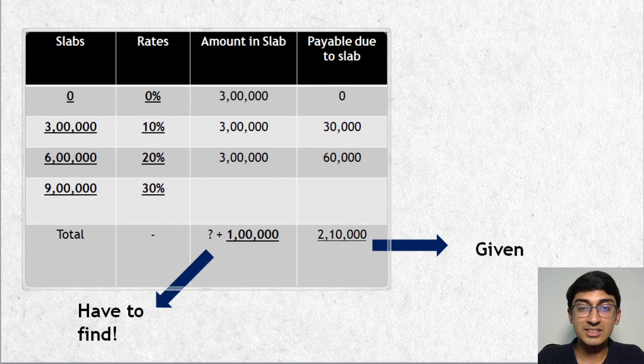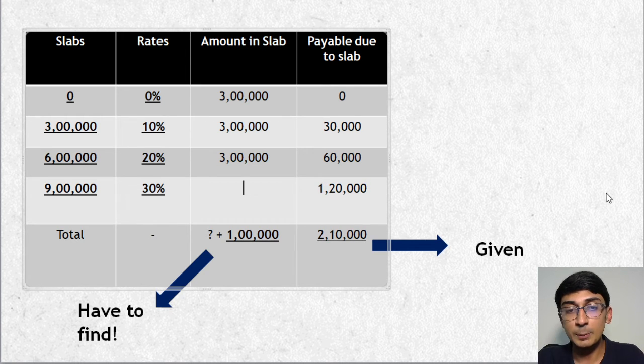Now, this is the last slab. In the last slab, I have to pay 2,10,000 minus 90,000, which means I have to pay 1,20,000 over here. If I have to pay 1,20,000 over here, how much should I earn over here? 30% of this X is equal to 1,20,000. That means X has to be 4 lakhs.